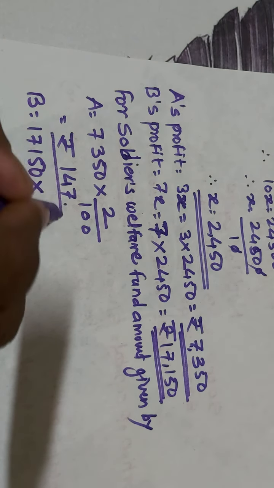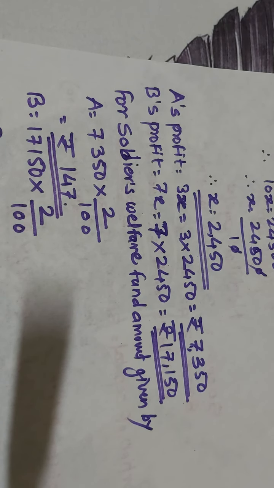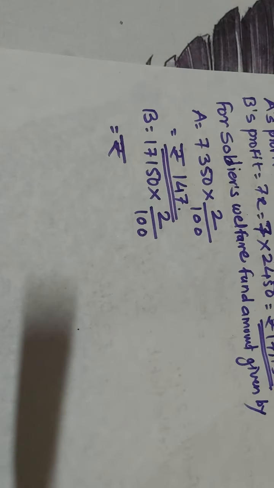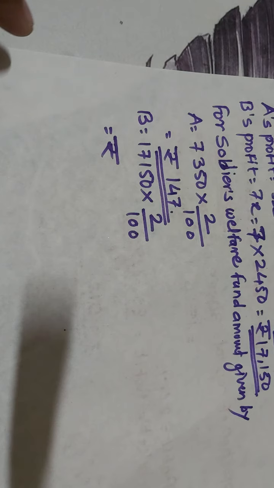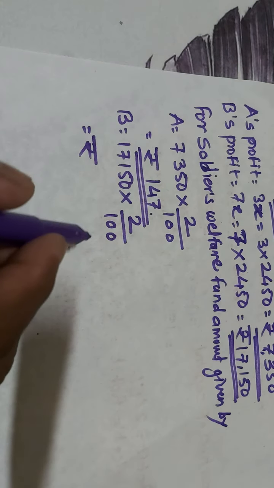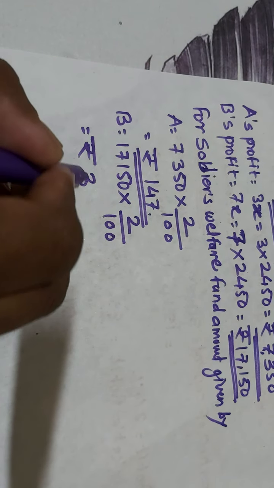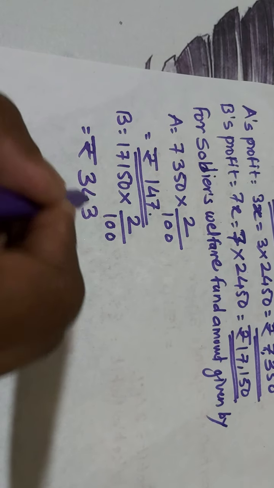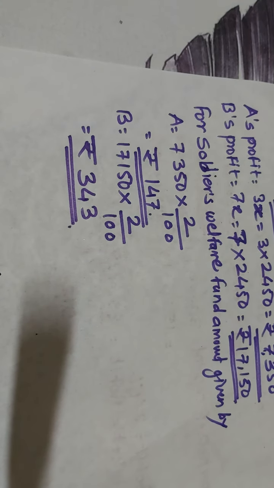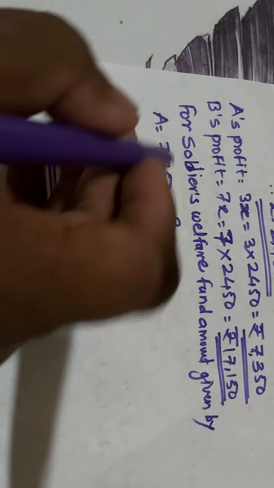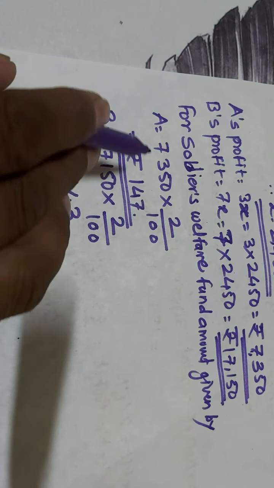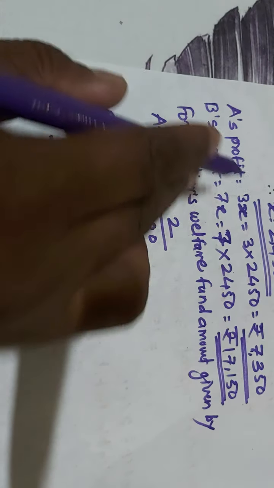So now if you do the calculation here, then that is rupees 343. So now students, here A gave 2% from his profit.